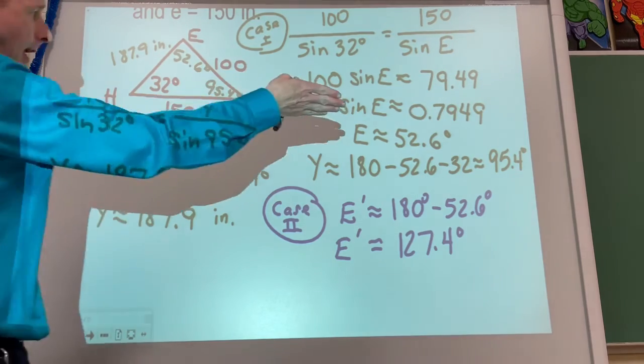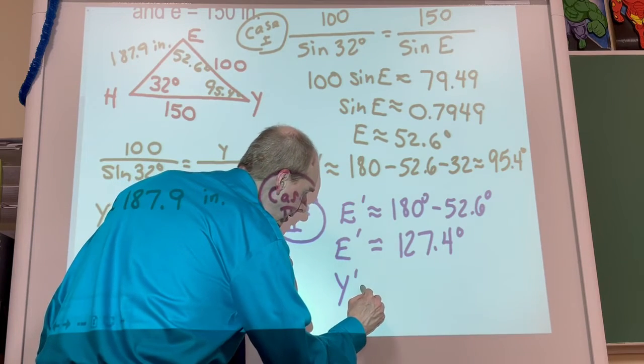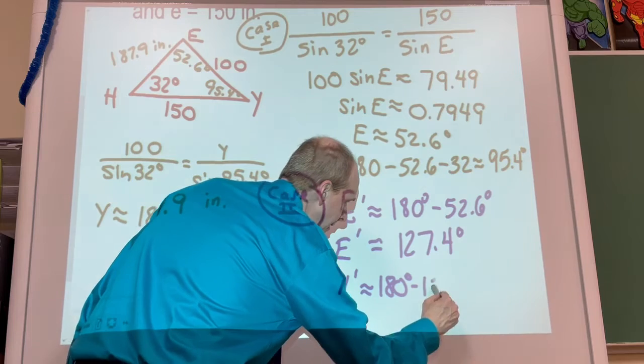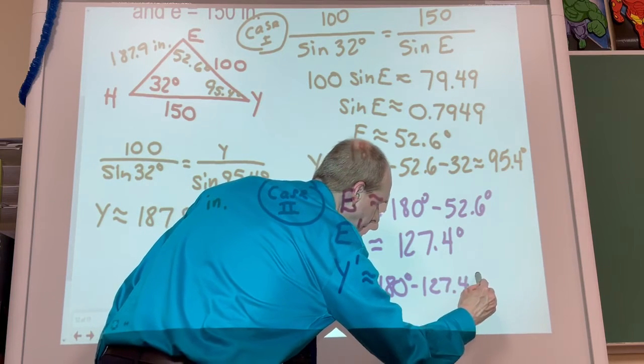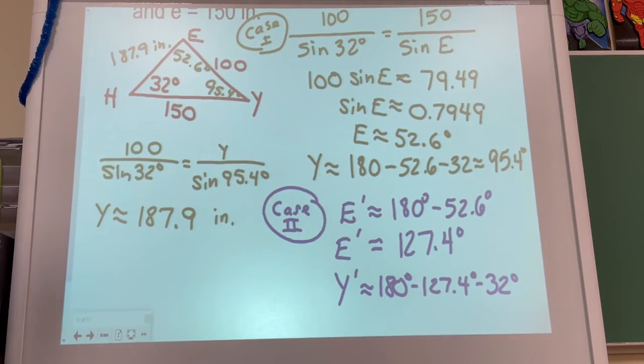So if we have a new angle E, we also have a new angle Y. So Y prime would be 180 degrees minus my 127.4 minus my 32 degrees that we started with. Break out your calculators.